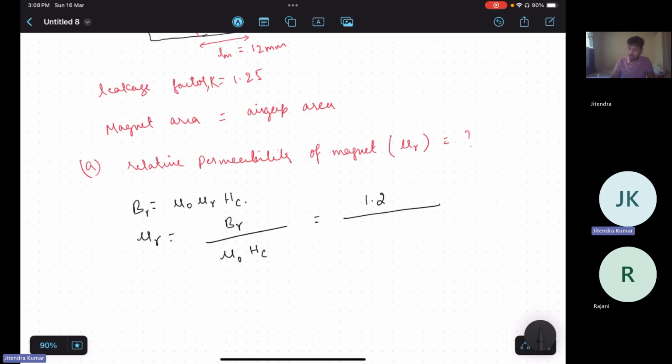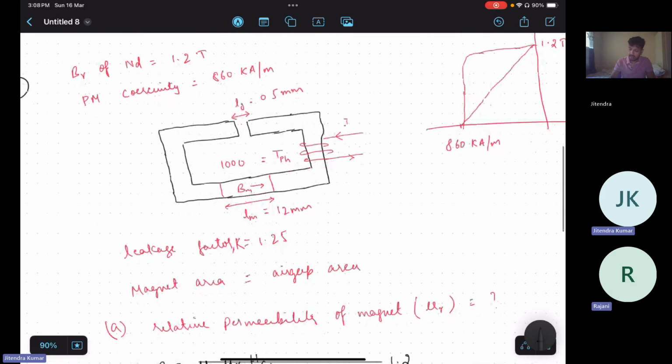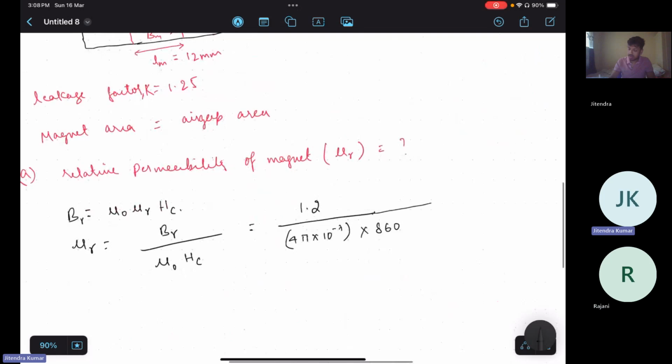Br is 1.2. Mu naught is 4 pi into 10 to the minus 7. H is 860 kilo.